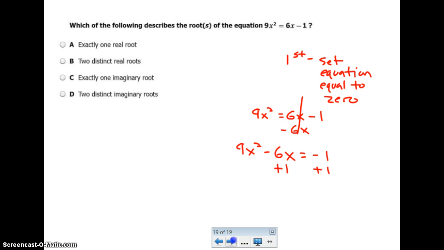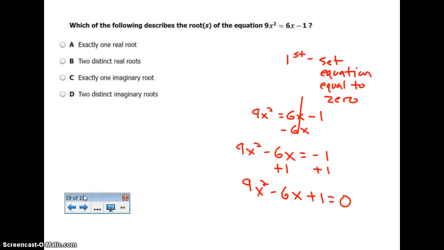Remember, there are no like terms over here, so don't try to combine anything. We just have 9x squared minus 6x plus 1 equals 0. So now it's set equal to 0, and our next step is to graph it on our calculator.